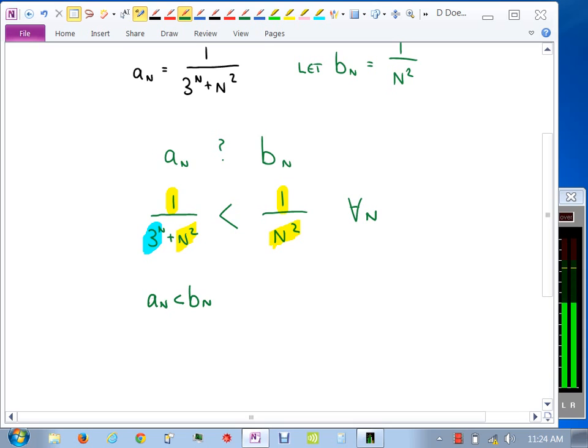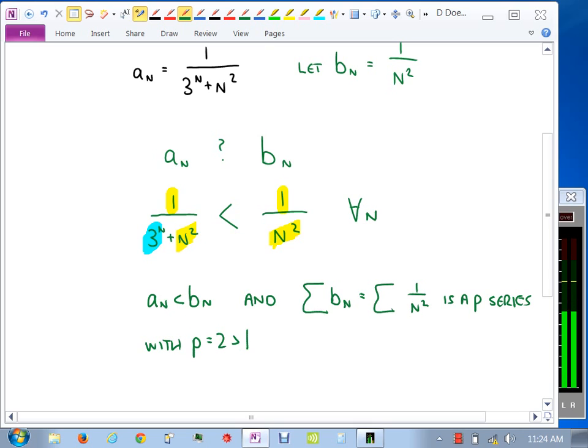Okay, so a sub n is less than b sub n, and we have that the sum of b sub n, or the series, which is 1 over n squared, is a p-series with p being 2, which is greater than 1, thus it converges.